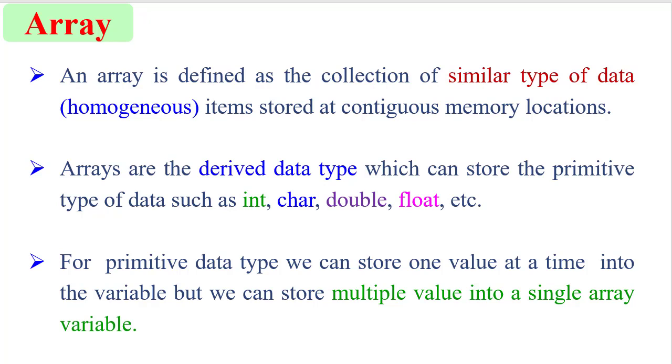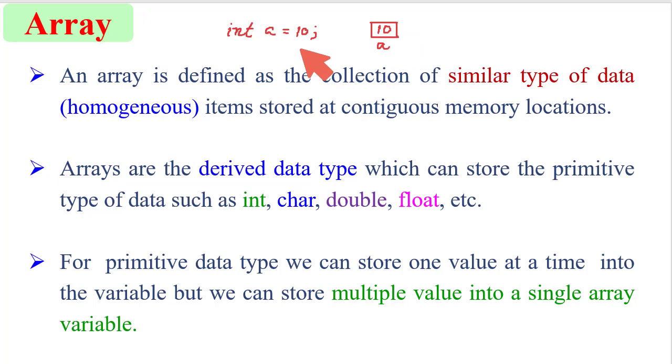What is the importance of an array? When we define any primitive type of data, say integer type, we write int a = 10. While we define the variable a this way, what will happen? A particular memory location will be allocated for variable a, and in that memory location the data 10 will be stored.